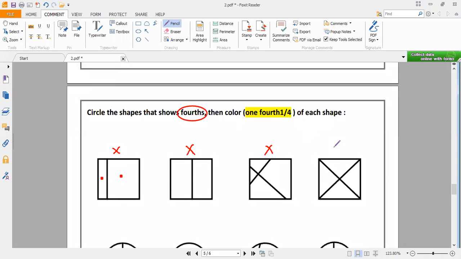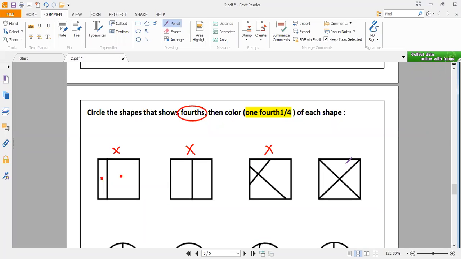No. Again no. Sidra, do you understand what the question wants? Choose the shape that shows fourths. What did we say fourths means? It means 4 equal parts, 4 parts the same. They are like twins.